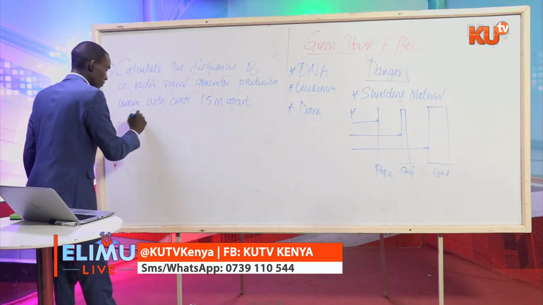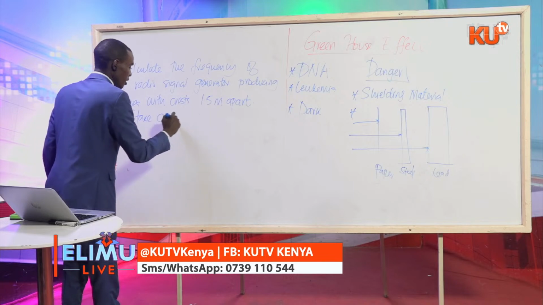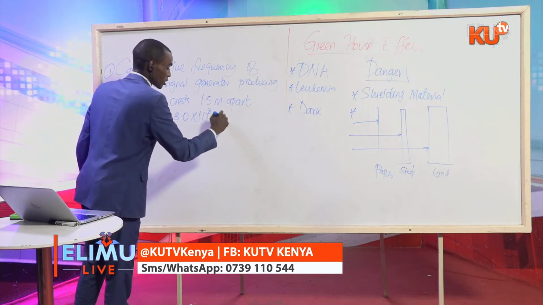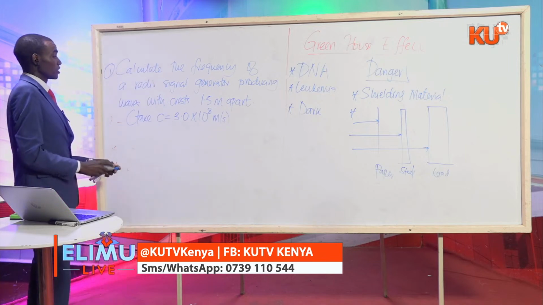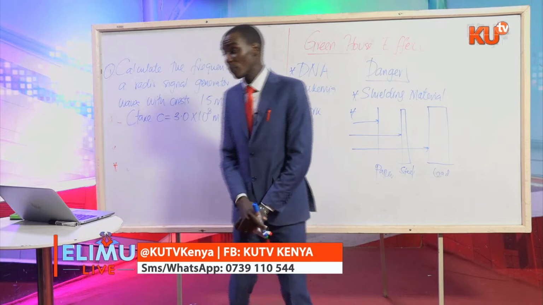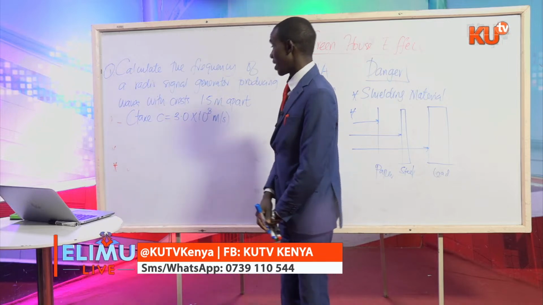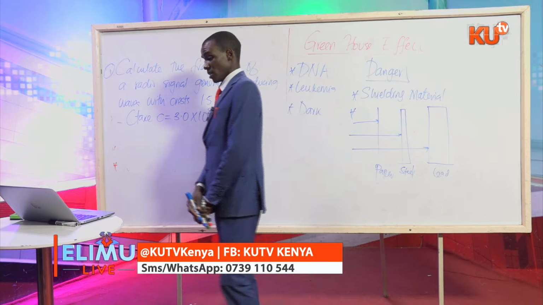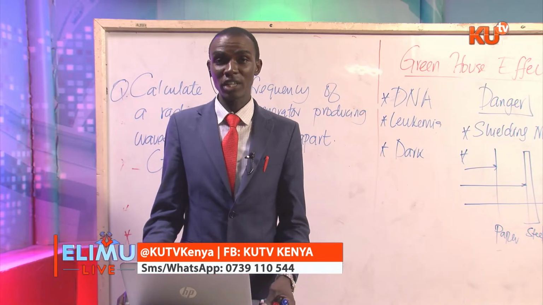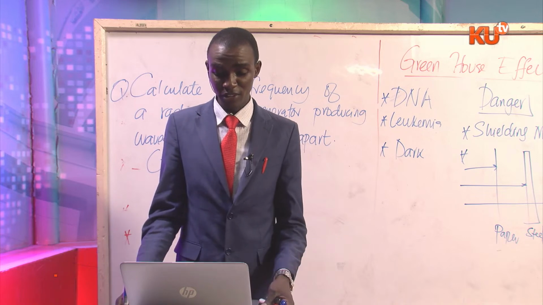Take C equals 3.0 times 10 to the power 8 meters per second. Calculate the frequency of a radio signal generator producing waves with crests 1.5 meters apart, and you're supposed to take C, in this case the speed of light, as 3.0 times 10 to the power 8 meters every second.